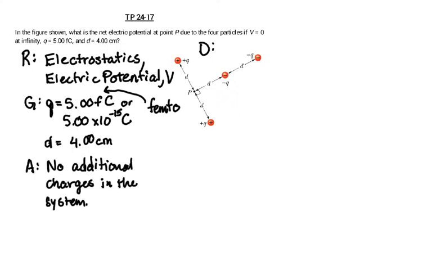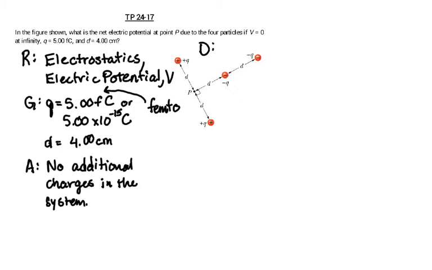Now the only assumption we need to make is that there are no additional charges in our system. And we can make that assumption based off of the little nugget I mentioned during the read step, which was the fact that the potential is equal to 0 when our particles are at infinity.